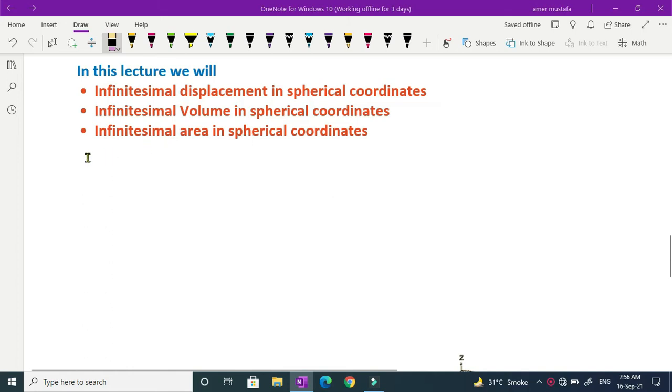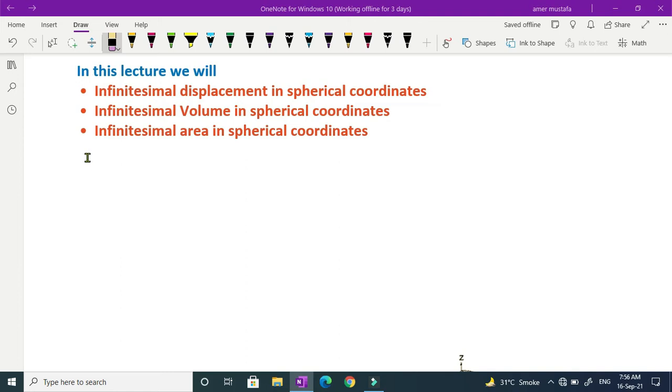These infinitesimal elements are very important because they are used to find different types of integrals, such as line integrals, surface integrals, and volume integrals.